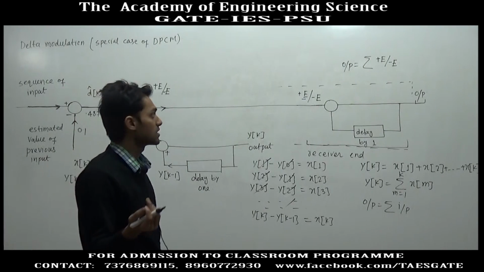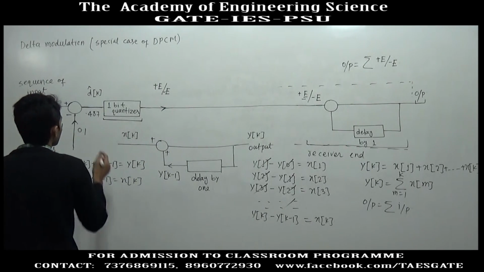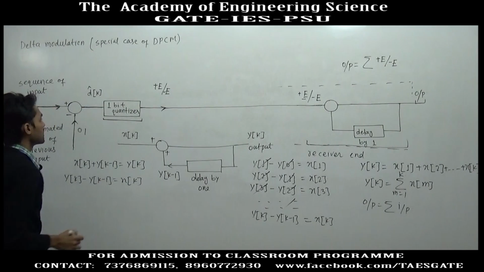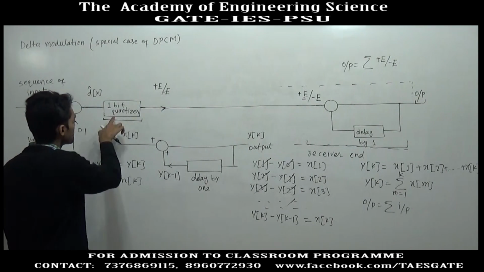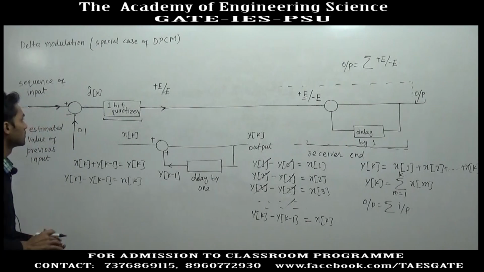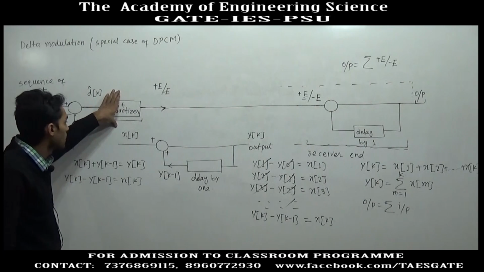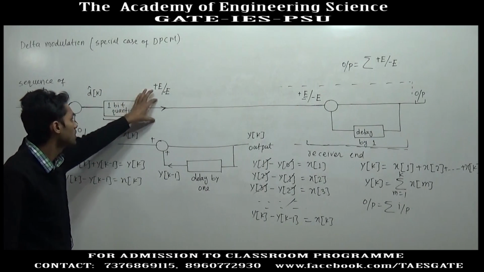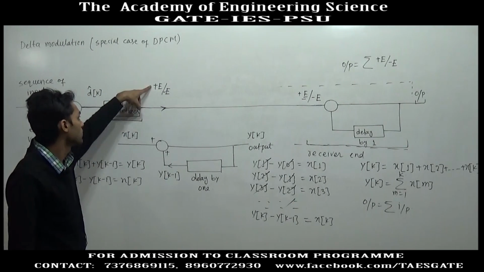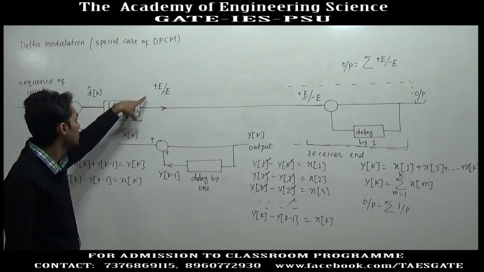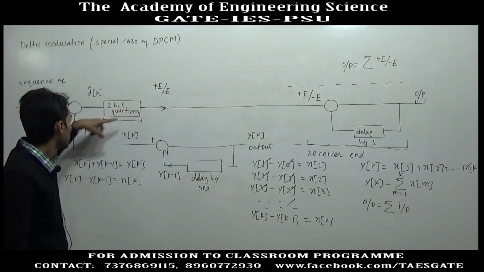And when we will get plus E or minus E? If the input to quantizer is positive. Since this is a 1 bit quantizer, there are only 2 levels, and corresponding to 2 levels there will be only 2 possible outputs. So, it will be plus E or minus E. If the input to quantizer is positive, the output of quantizer will be plus E, a fixed level.